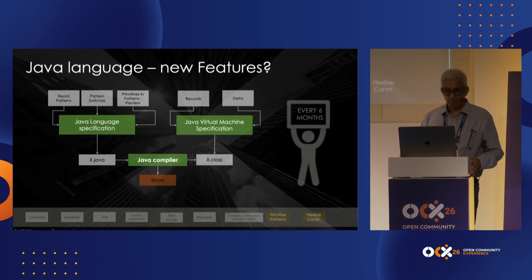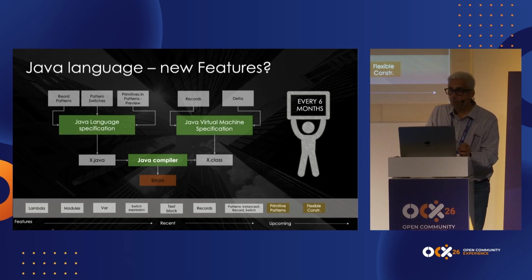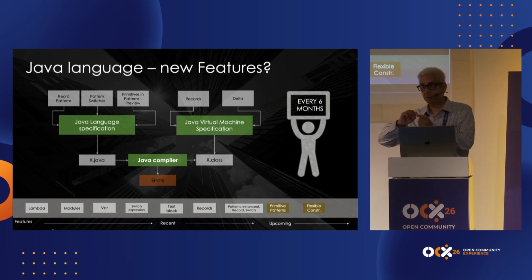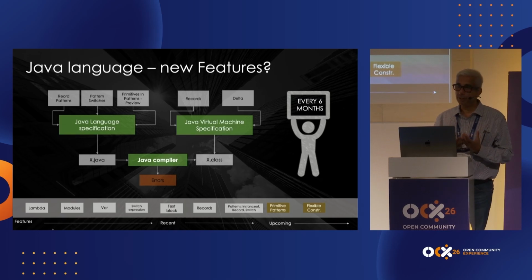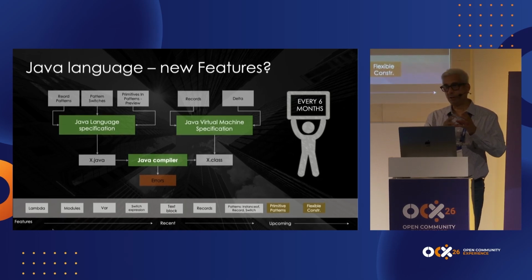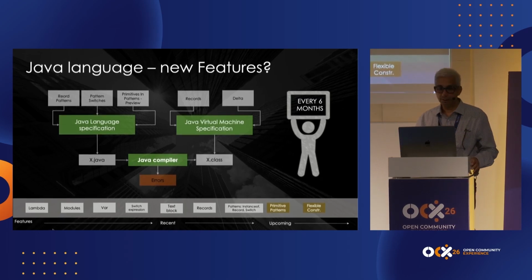So when we talk about compiler and Java language specification and the changes, sometimes these changes, see, when the compiler generates a class file, that class file should adhere to the Java virtual machine specification. And some features would have changes both in the language specification as well as some changes in the Java virtual machine specification.